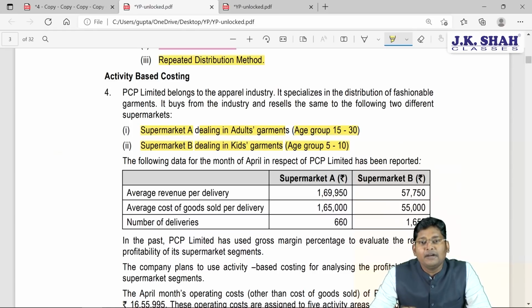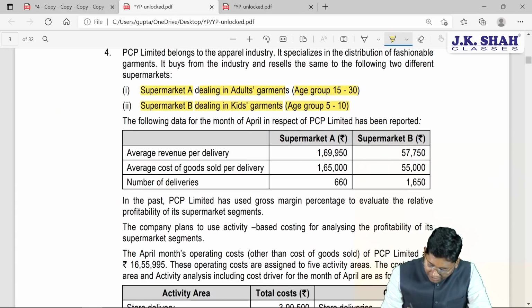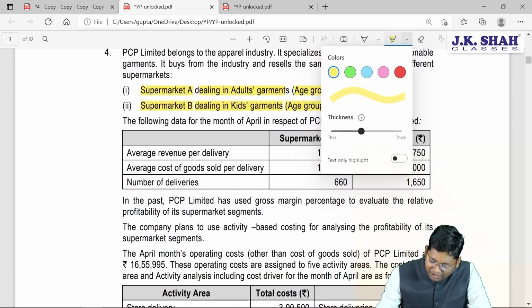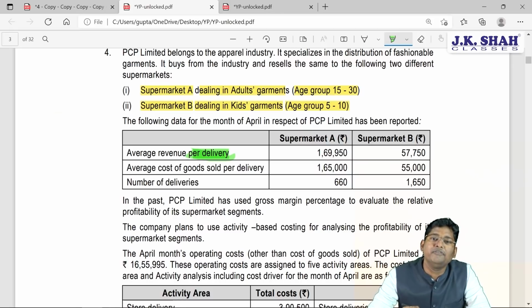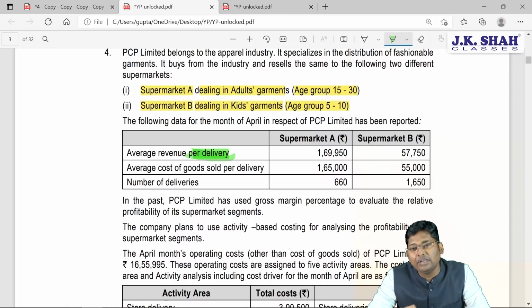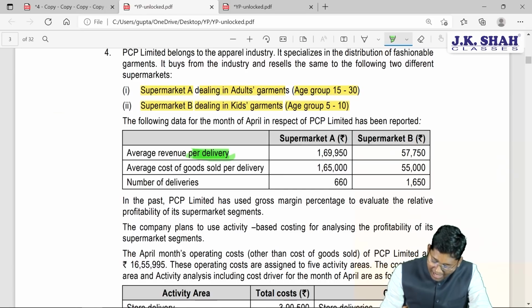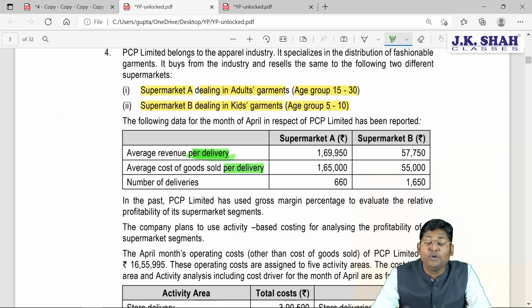The following data for the month of April in respect of PCP Limited has been reported. The average revenue per delivery is given, but it's not the total revenue. Delivery wise revenue is given. So the total number of deliveries you need to use for computing the total revenue of each supermarket. Average COGS is also given, per delivery.